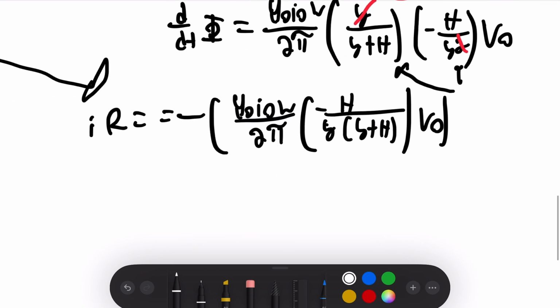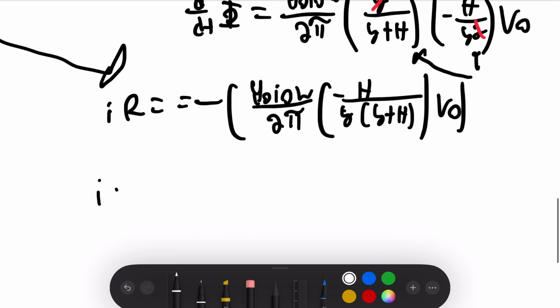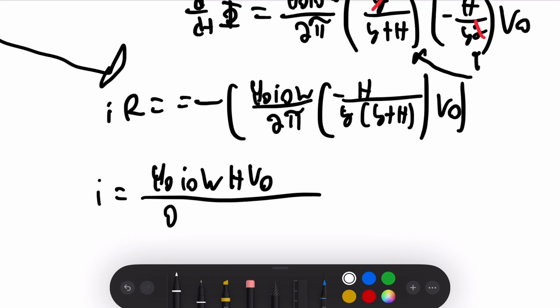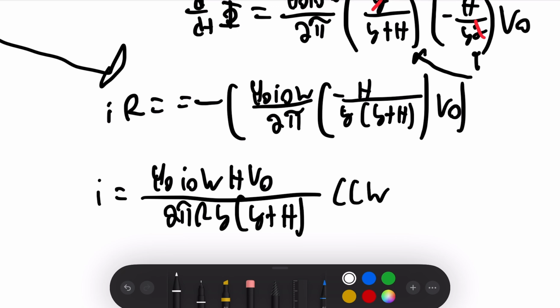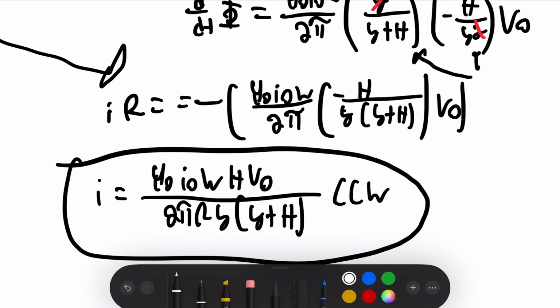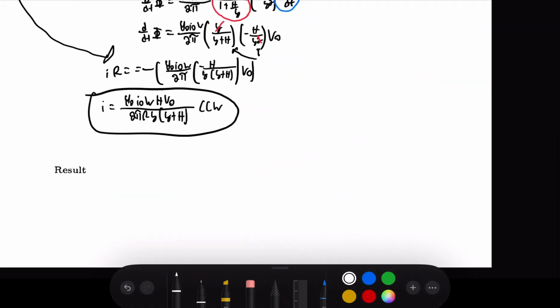The negatives cancel, and then I'm just going to divide by R. So I is equal to mu naught I naught W H V naught over 2 pi R (y plus H), counterclockwise. That's how we determine a current. It's already going counterclockwise.